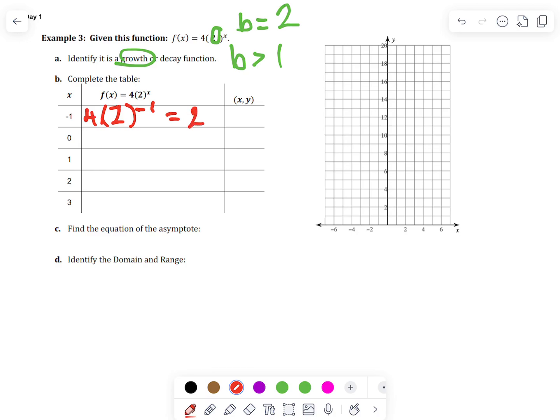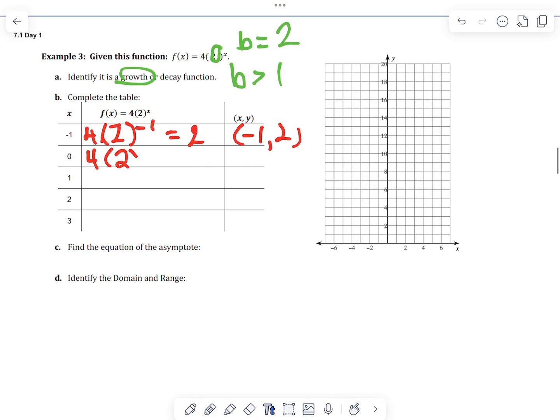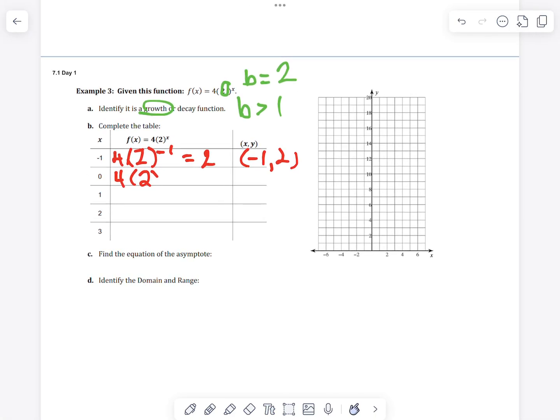We get 2. So then we're left 1, up 2, and I'm just going to wait on graphing these ordered pairs until after I'm done evaluating. Then we'd input 0 into the function, and we get 4.